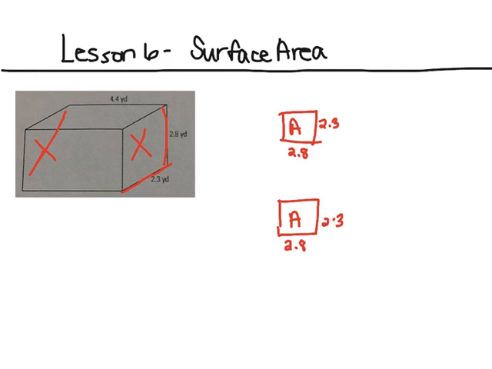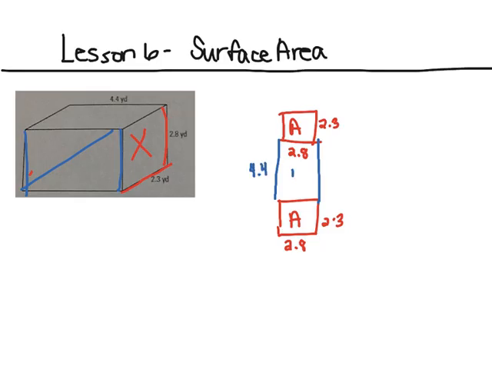Now when we unfold it, the shape that goes right here has a width of 2.8, so that would be like this shape right here on the front. So this one has a height of 2.8 right here, and the width would be 4.4 yards.